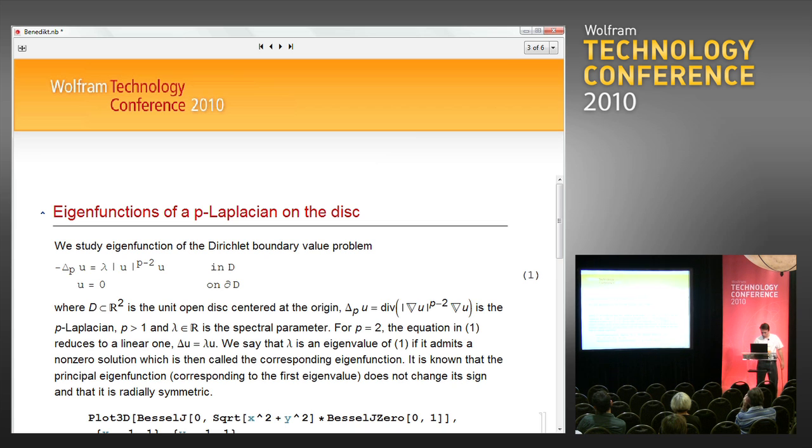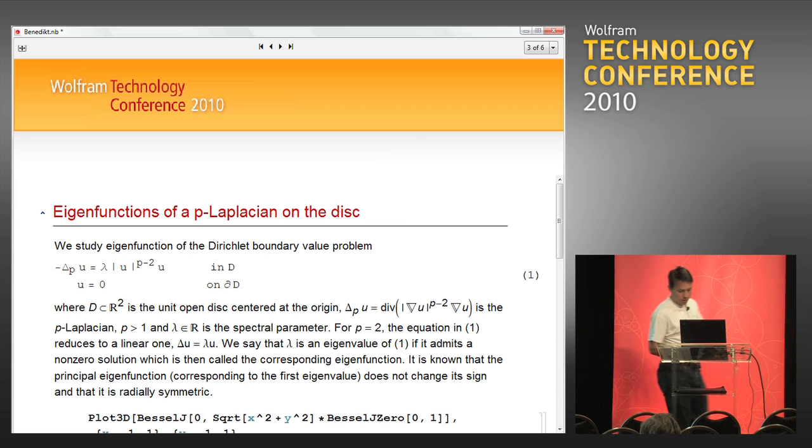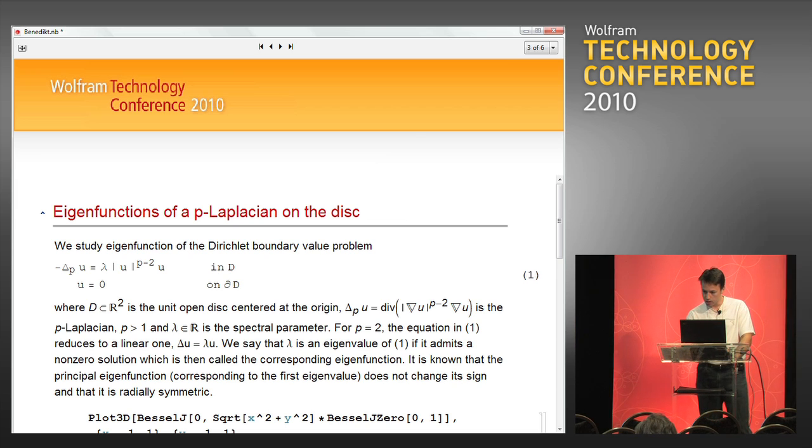And the problem that we were interested in is the spectral properties of this eigenvalue problem, namely how the second eigenfunction looks like, if it's radially symmetric in the disk or not. So first, let's look at the first eigenfunction.